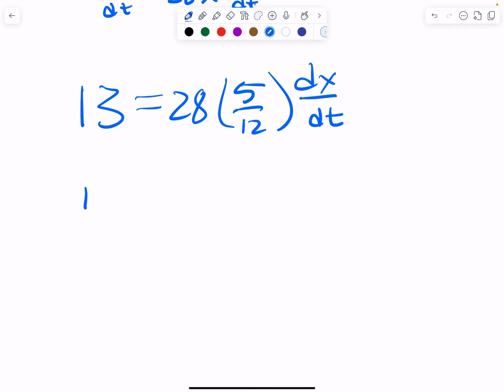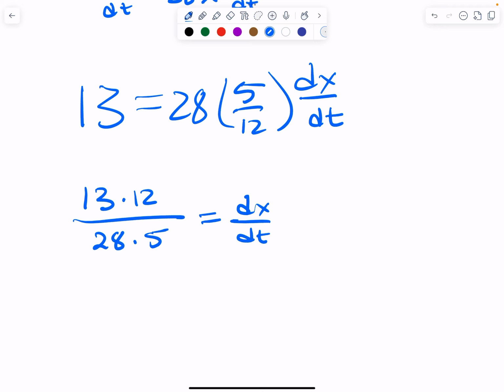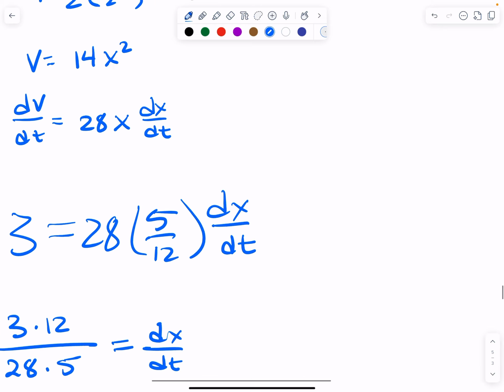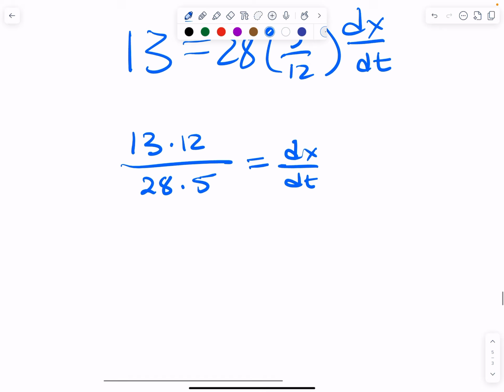So 13 times 12 over 28 times 5 is dx over dt. Just some simple algebra here. Take your time, you can figure it out. And then I suppose I could cancel, 28 is 4 times 7, so that's going to be 3 up top, 39 over 35.